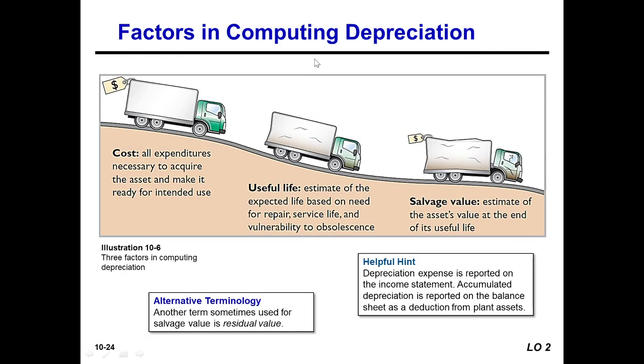Now, factors in computing depreciation. We have 3 factors to compute depreciation. Number one, cost. Number two, useful life, and number three, salvage value.